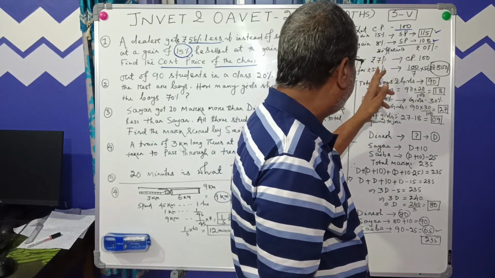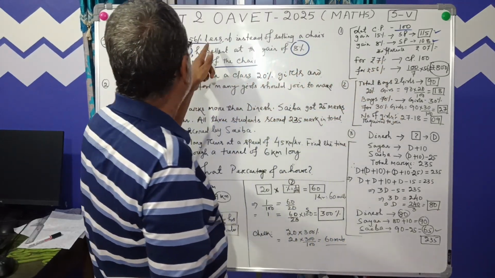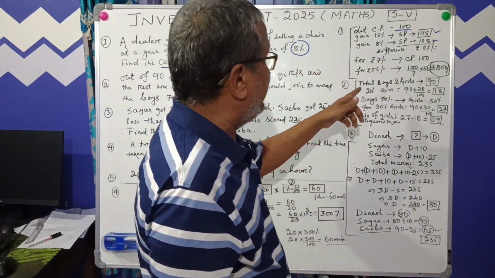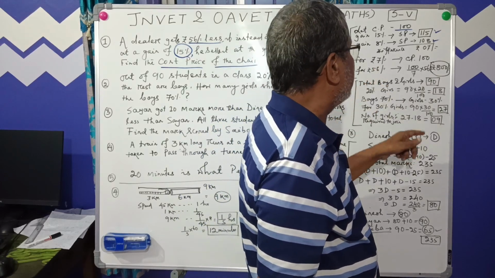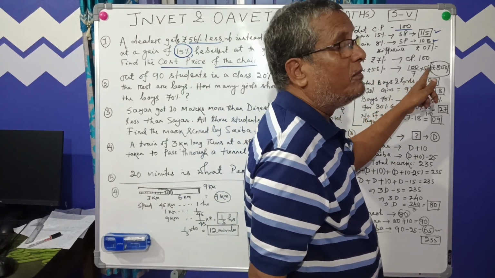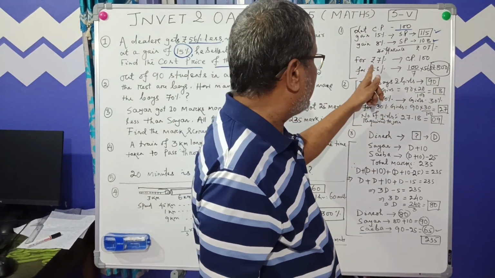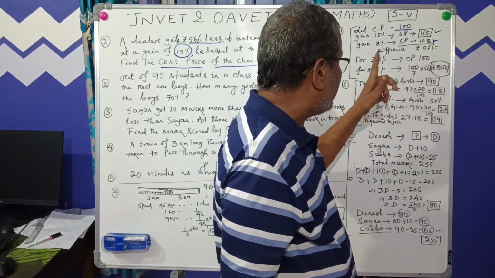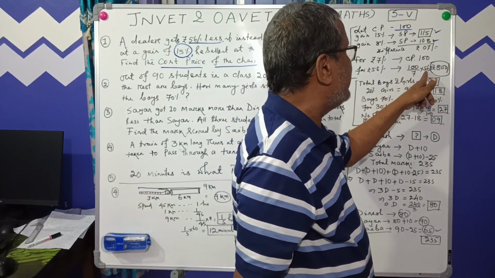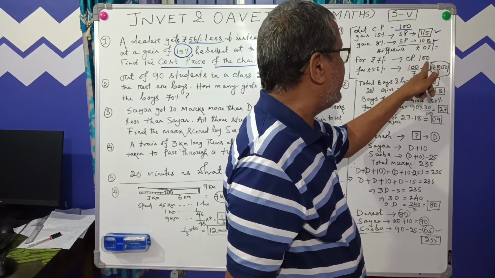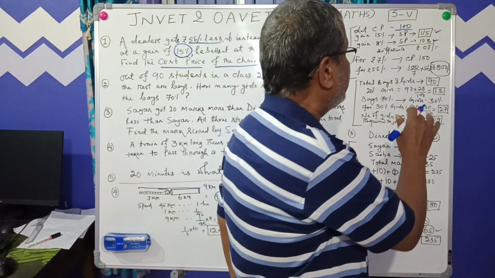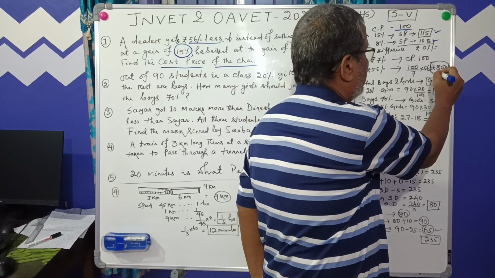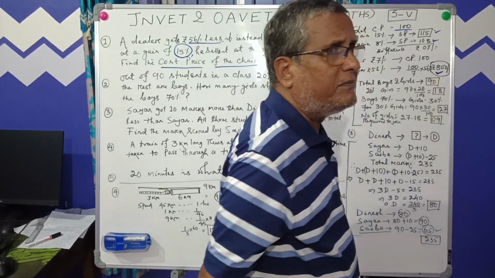For 56 rupees less, here you see less, the key point. For 56 rupees less, you multiply 56. So 7 into 8, 7 8 is 56. So the answer is 800. It's very simple.